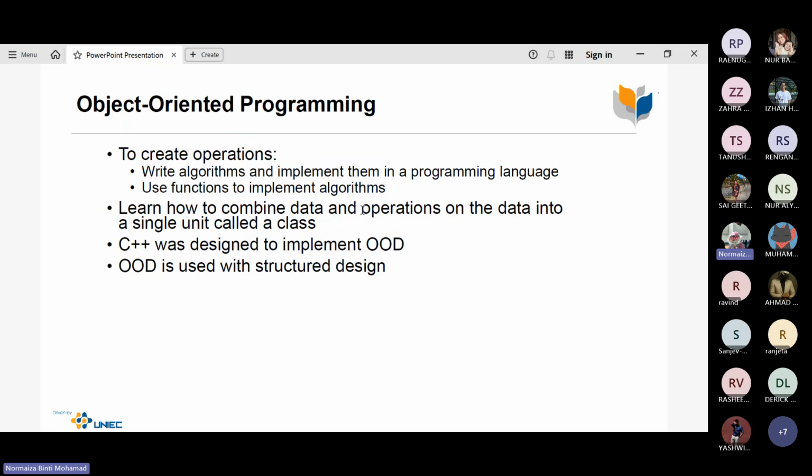Use functions to implement the algorithm, and combine the data and operations on the data into a single unit called a class. Okay, C++ was designed to implement OOD, but somehow it is also used with structured design. It's OOD used with structured design.